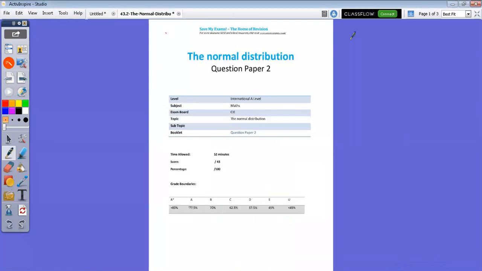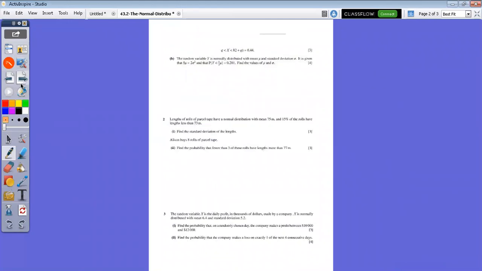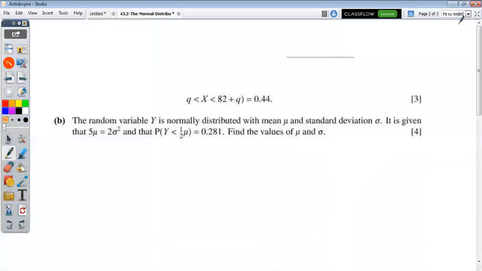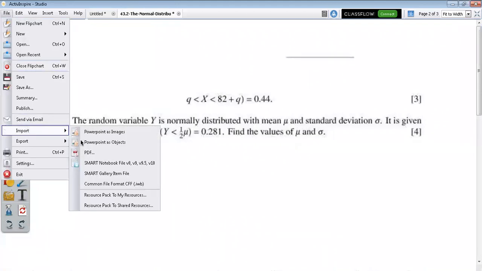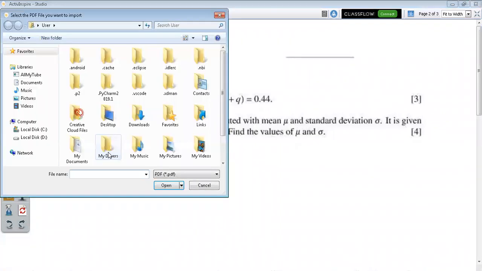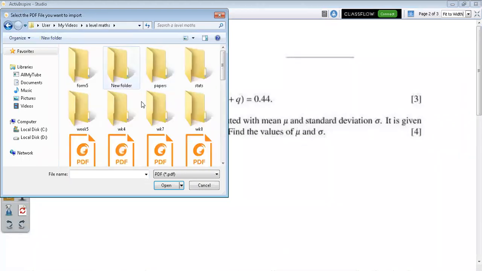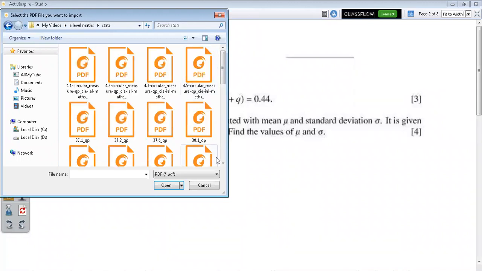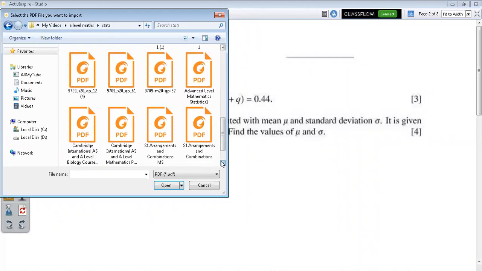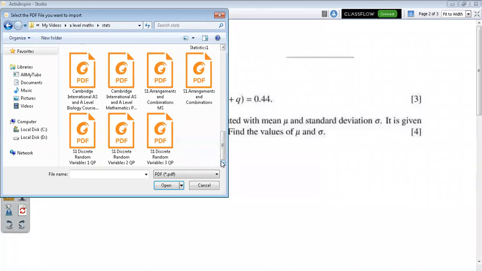That's what I was looking for. Maybe. Sorry about that, I need to load properly. Normal distribution.